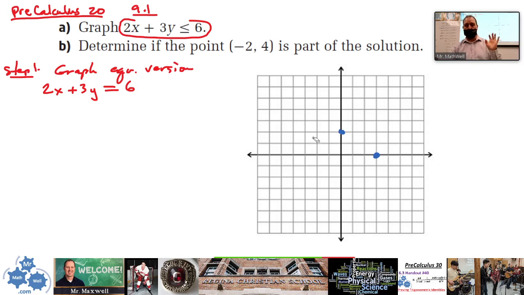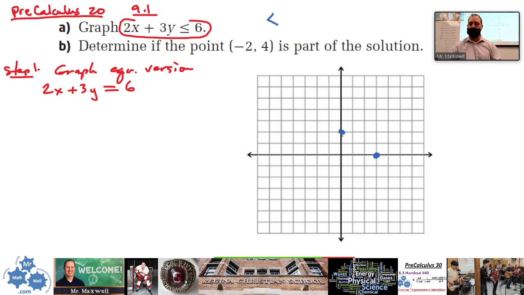Well, we're going to wait for a second here. Instead of drawing our line right away, we have to look to see what the boundary looks like. So in this case, we have less than or equal to. So that means that the equal to part is part of the solution. So I am going to draw a solid line connecting these 2 points. And if it didn't have the or equal to, if it was just a less than, then I would make a dashed line on the boundary.